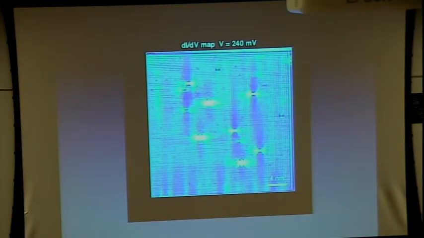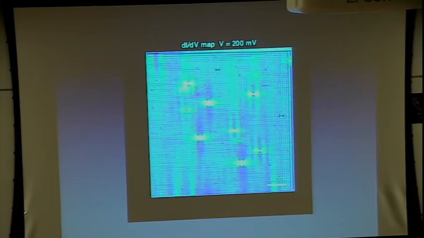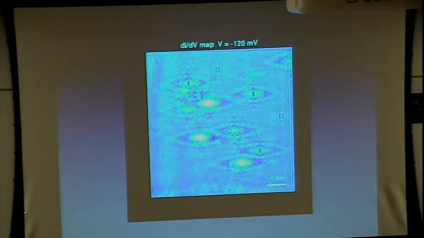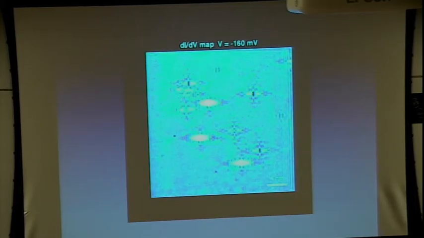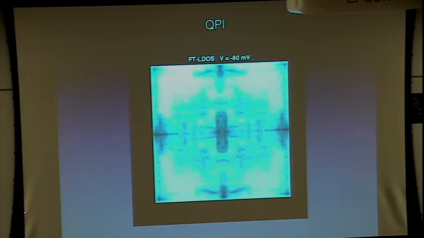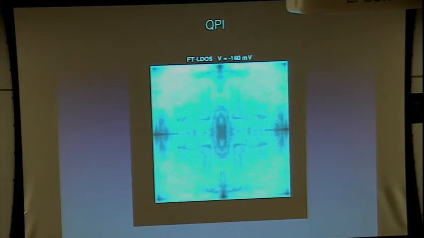And we can go to work doing basically the experiment I described to you throughout this talk, which is to look at electrons as a function of energy. And again, you can see a lot of scattering, a lot of interference of these electrons. Now we can take a Fourier transform of that, and we can see that again, there is quite a large number of scattering wave vectors as a function of energy.